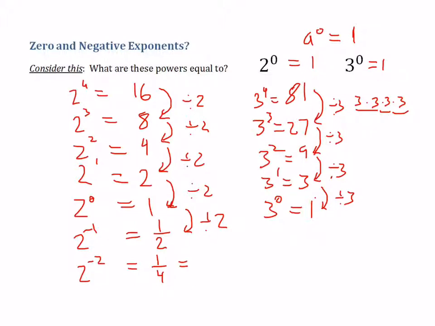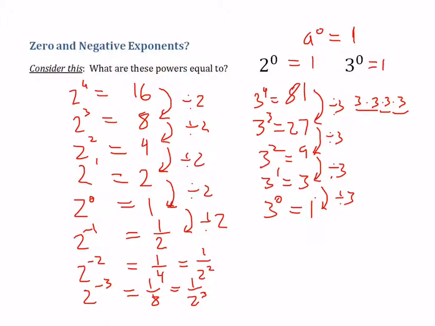So I'm going to write this a little differently: 1 over 2 to the second. And let's try that one more time. 1/4 divided by 2 is 1/8. So if we go down one more step, we got 1/8. And 8, if we look up above here, 8 is just 2 to the third. So this is just 1 over 2 to the third.